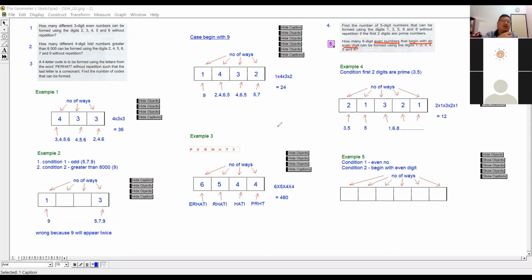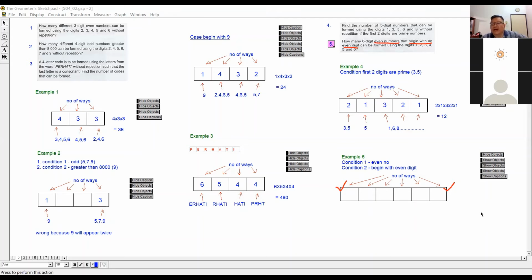So which are the two special boxes that we have to fill up first? You fill up the last digit to ensure that it is an even number, then the first place to ensure that it begins with an even number.